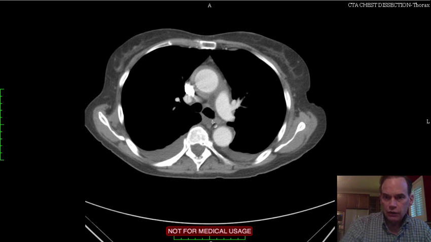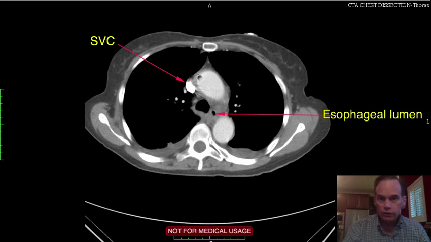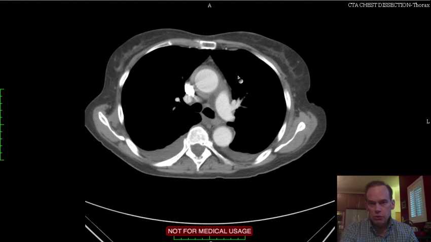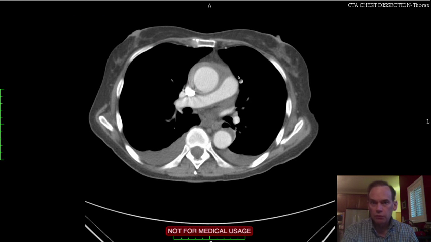Okay, and you have the ascending aorta and descending aorta, and now here we see high attenuation within the wall of the ascending aorta, and that is a mural hematoma, an aortic mural hematoma. Very rare, the only case I've ever seen.